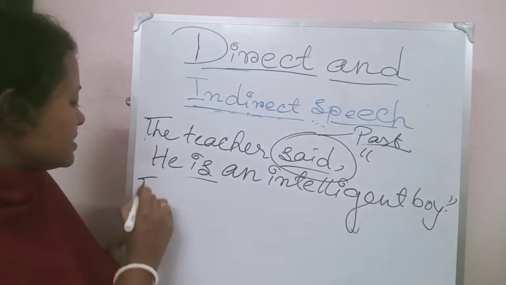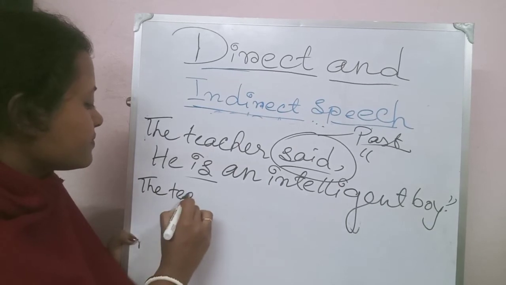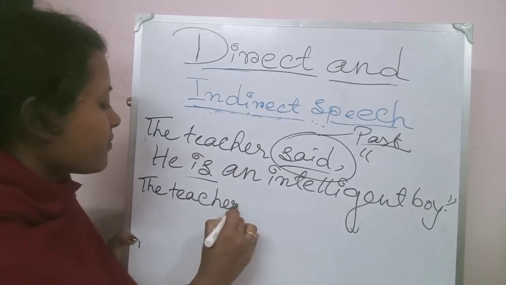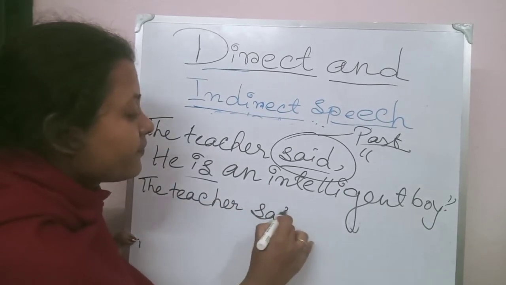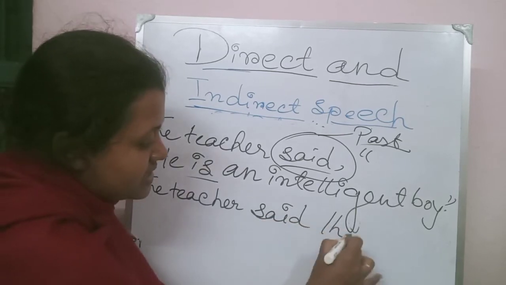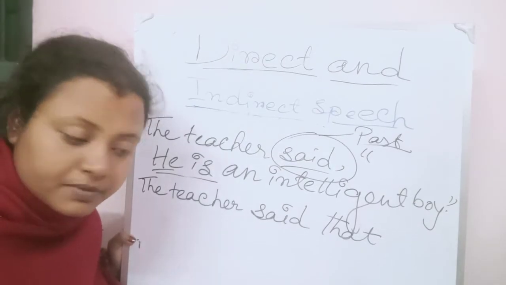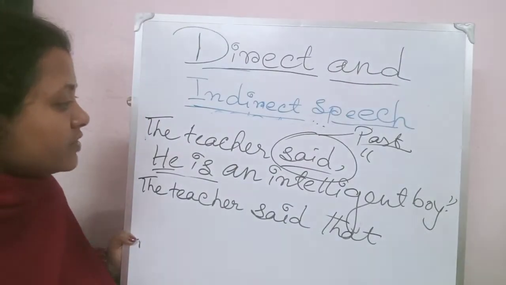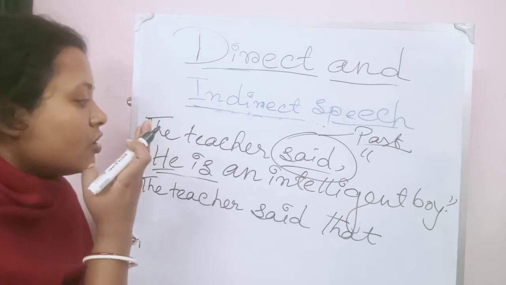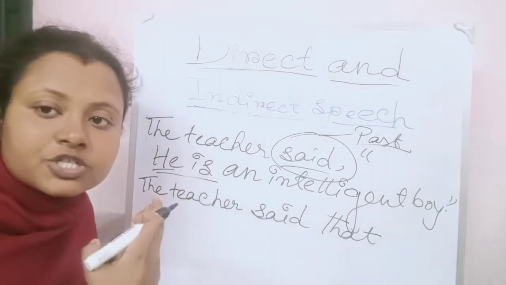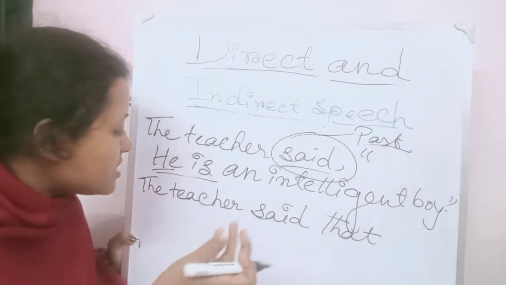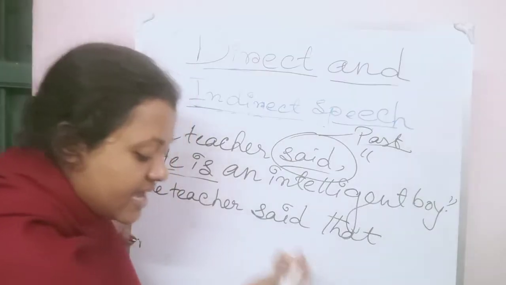For example, the teacher said that. So "he" is third person. So whenever there are third person pronouns, I told you it will change according to the sentence. In third person there won't be any change.